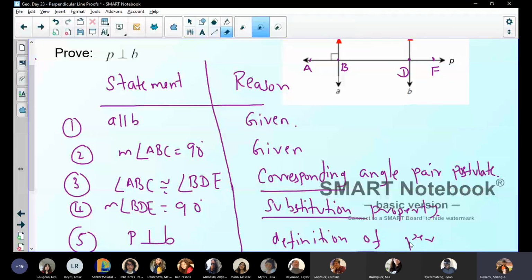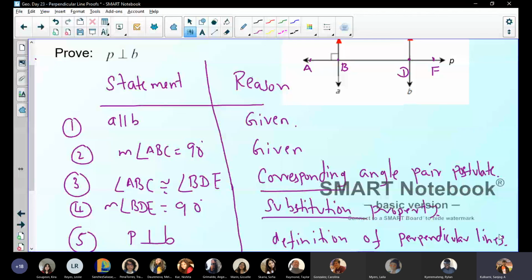Definition of perpendicular lines. Okay, I hope I'm clear. Let's see the next slide.